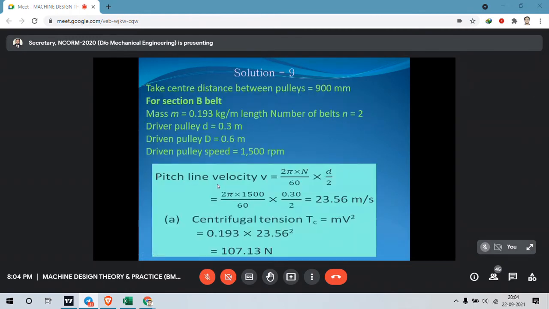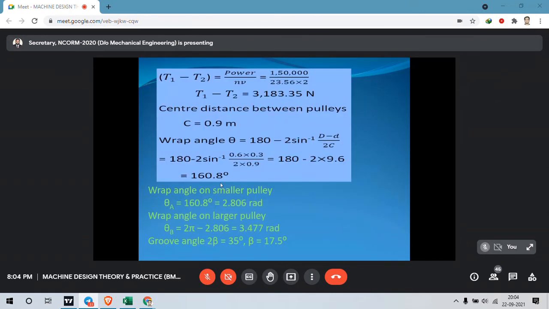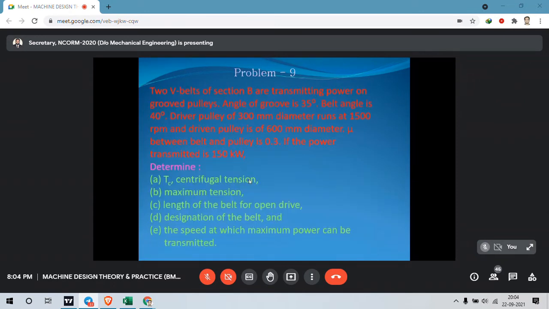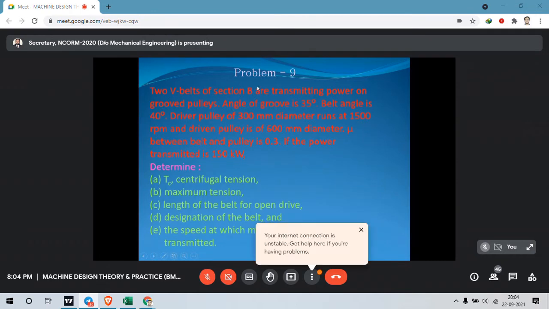Now write the data given. As is given here, V belt section B. From the design data handbook, you will take some values.